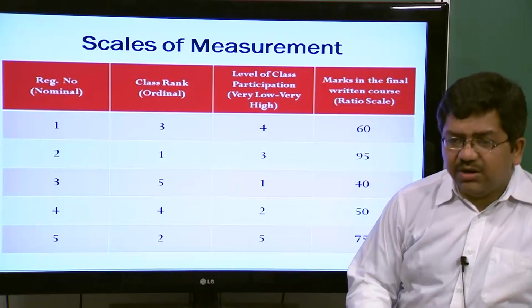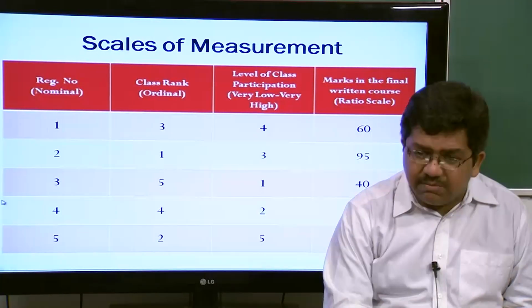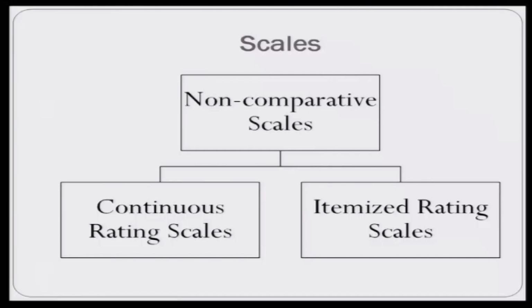So, these are the 4 different types of scales being used in marketing research. These scales are how you measure a particular concept or construct, and they are of 2 types.